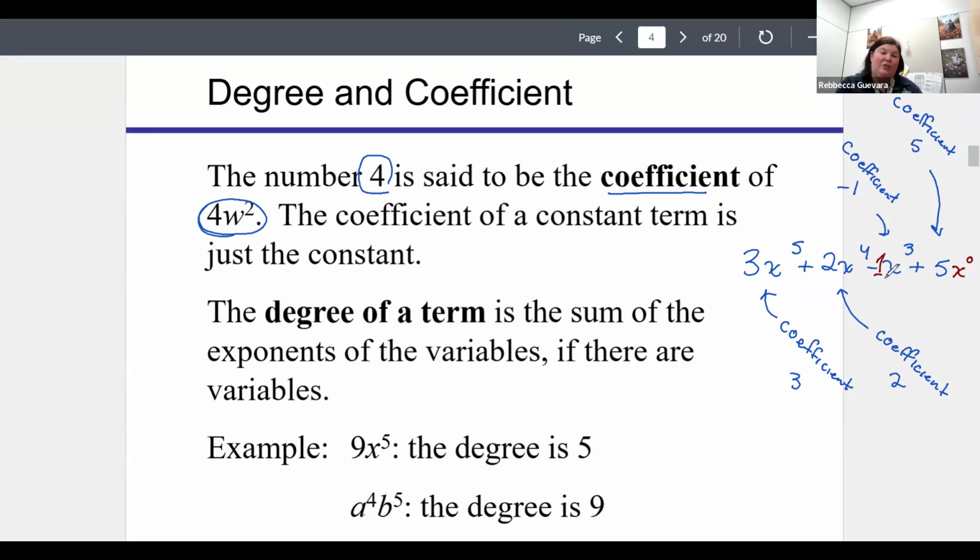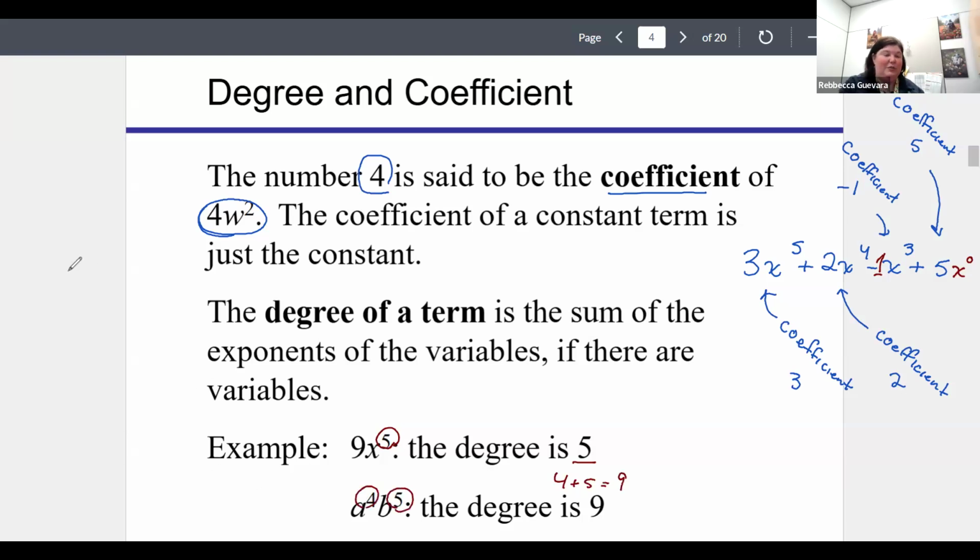So the degree of a term is the sum of the exponents of the variables, if there are variables. So if my term was 9x to the 5th, the degree would be 5, because we have a power of 5. If I had a to the 4th b to the 5th, then the degree is 9, because we're going to take that 4 plus that 5, and that's how we get the 9.